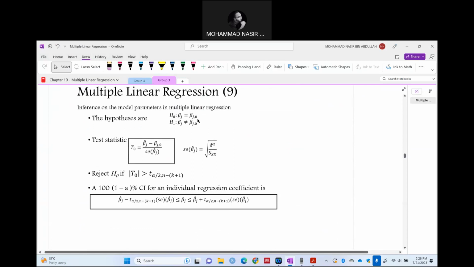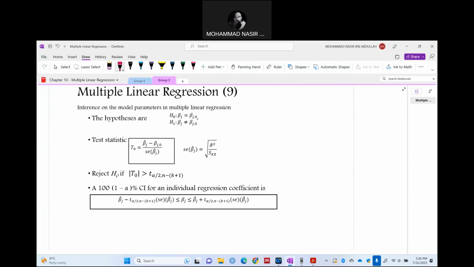To test the significance of independent variable, it's the same concept as in simple linear regression, right? So we need to test by using T statistic. T statistic is beta hat i minus beta i naught, divided by the standard error of beta i. This beta i naught is from the regression equation, so it should be 0, always 0.